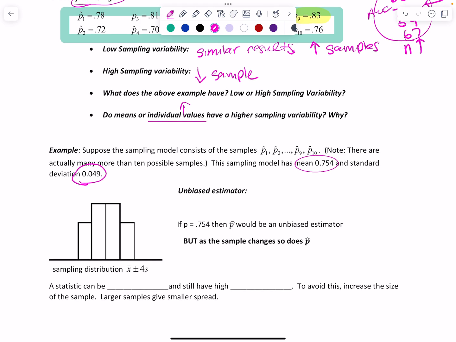So we have an unbiased estimator versus a biased estimator.